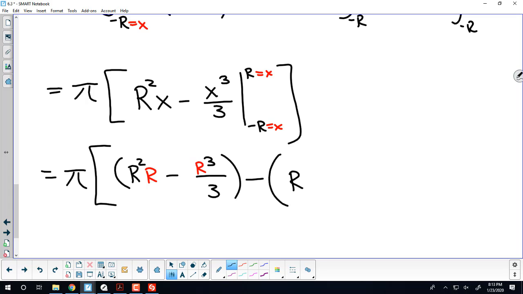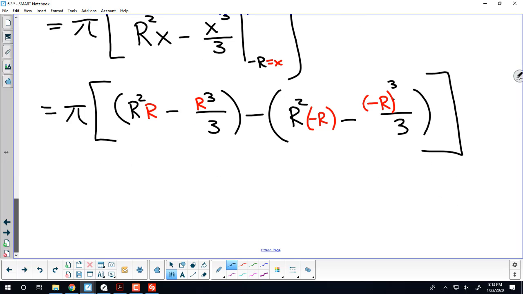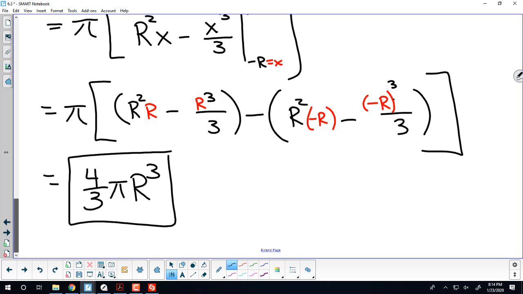We have R squared times negative R minus negative R cubed over 3, and pi times all of this stuff, of course. So, just for time's sake, just work on simplifying, combining like terms. You do get 4/3 pi capital R cubed. Is that the volume of a sphere? 4/3 pi R cubed.